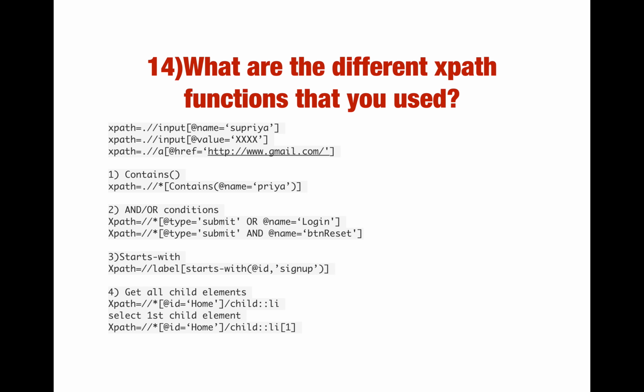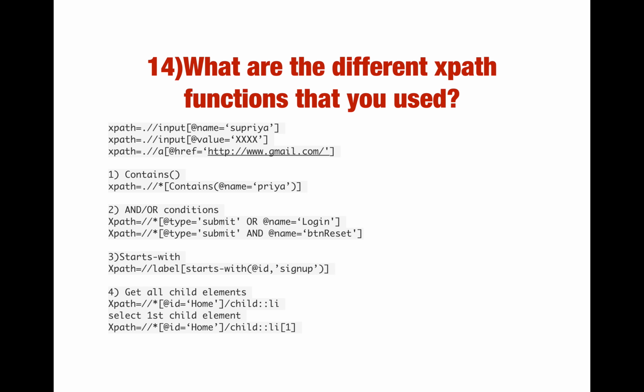I use @value to get the value and identify it. Sometimes if I want to identify a link, I use href. These are the functions that are commonly used. So if you want to find all the web elements whose name contains Priya, you can just customize.